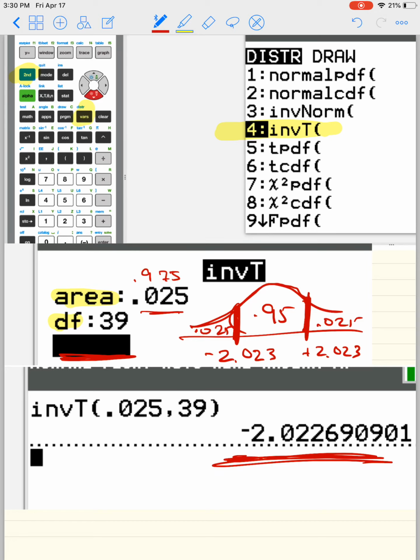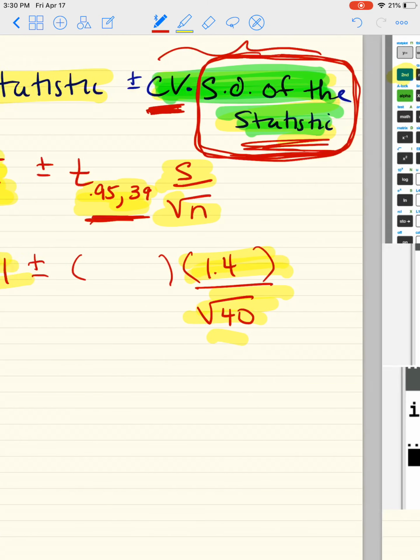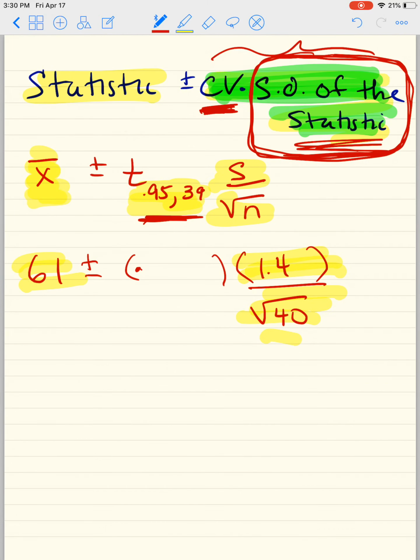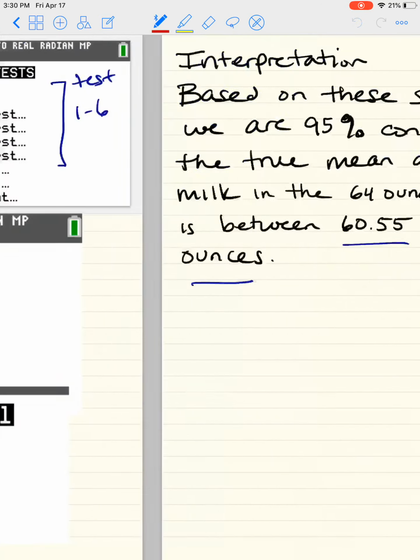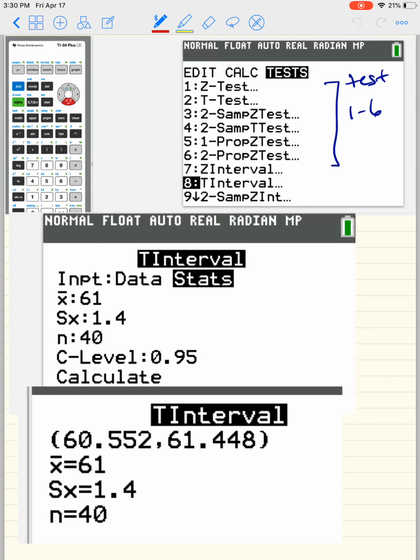But it makes no difference, because it's going to be plus or minus 2.023. Once you set it up, you go to your calculator and press stat by itself.